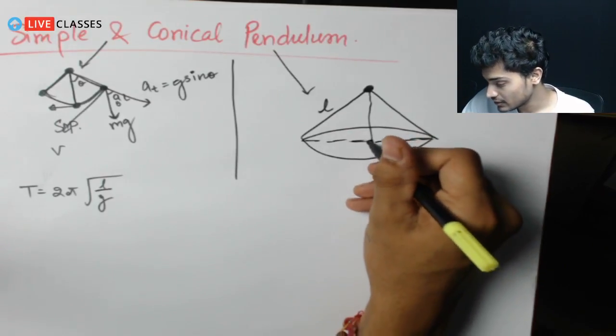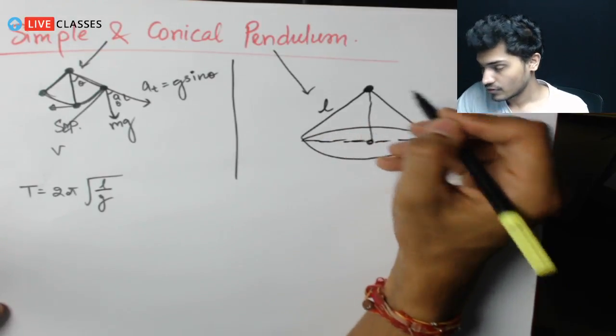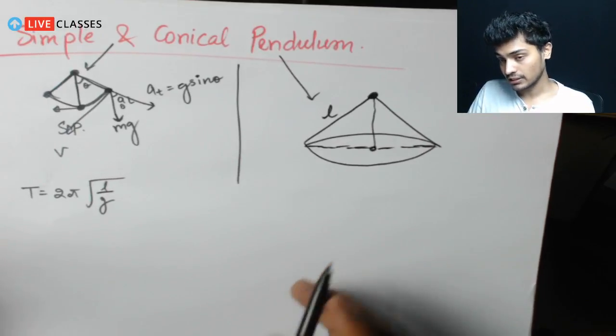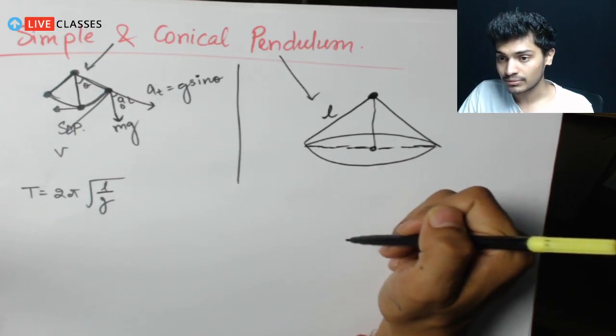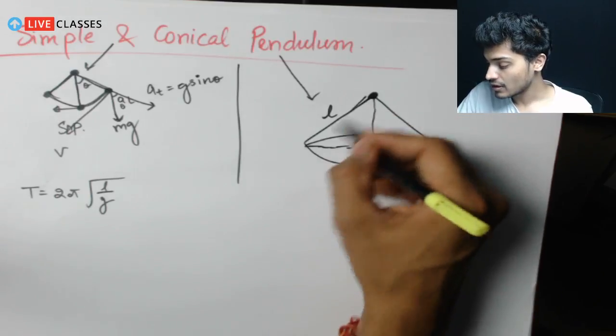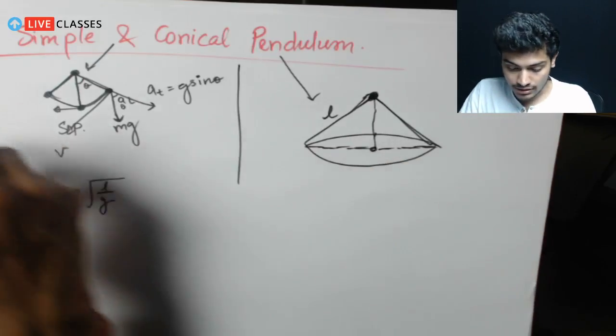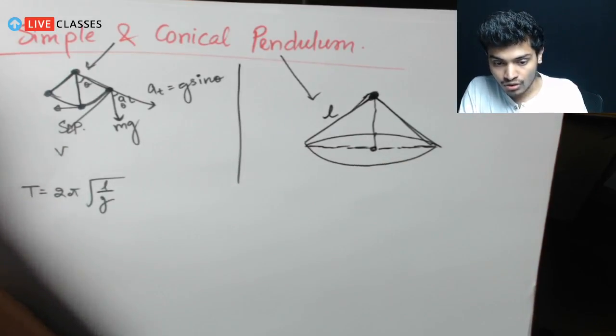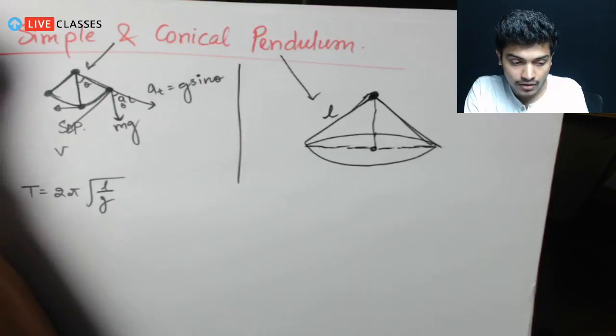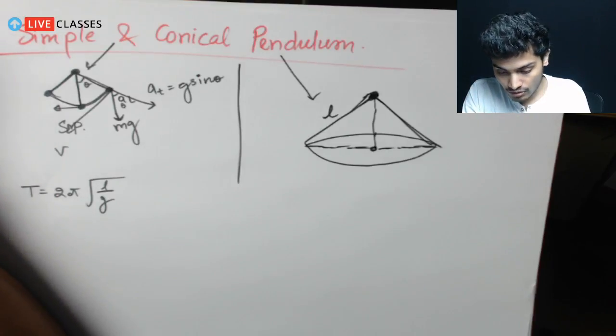So here we have to see how we can apply the concepts of circular motion in this kind of pendulum. So suppose this is our conical pendulum, and let's see one question on this.